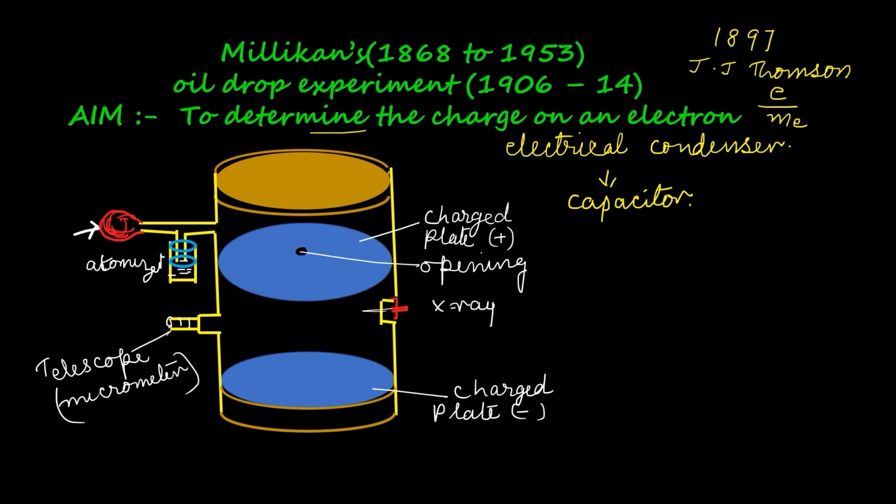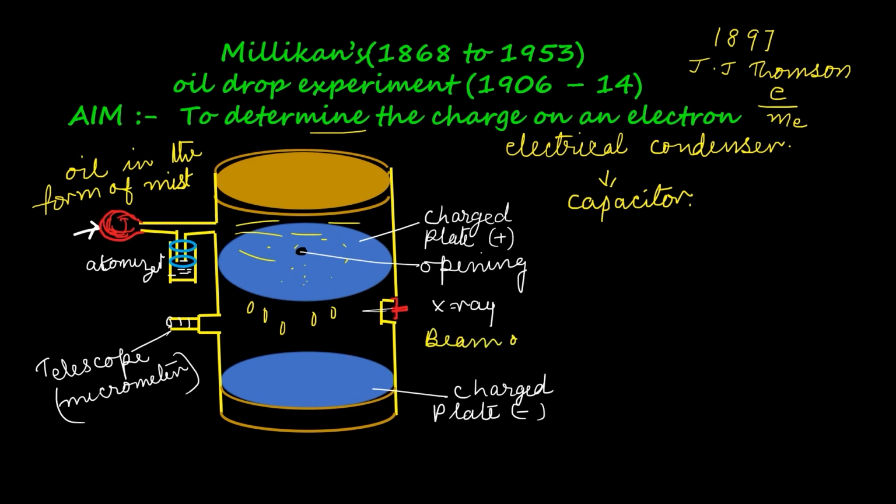Now let us see the other parts. This is the atomizer. By working this, a fine spray of oil can be dispensed into this chamber in the form of a mist. This mist gets sprayed into the chamber and it settles on the plate, from where it passes through the small opening in the positively charged plate, and these oil droplets start moving down. In the meantime, through this slot, a beam of X-ray is passed into the chamber.